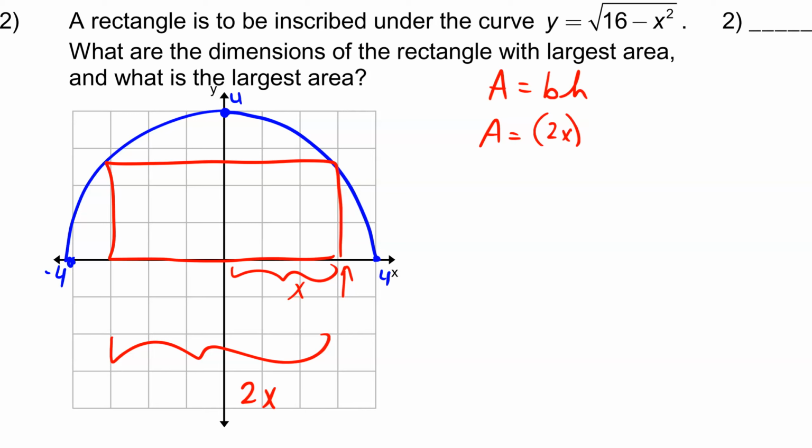The thing that dictates how high I am is where the function is, because our corner is always touching the curve. So if I'm this high, I can find the y value by plugging into this equation. Our height is literally going to be y, and y is square root of 16 minus x squared.